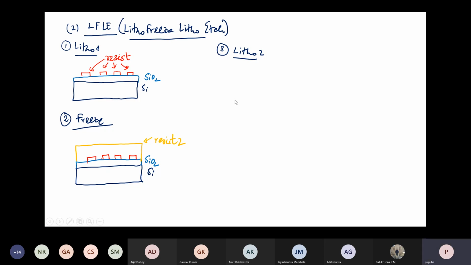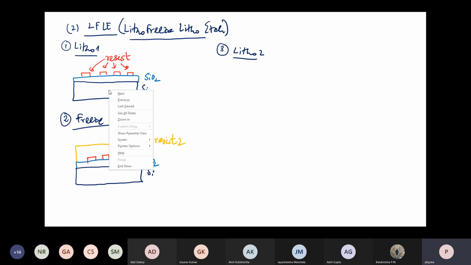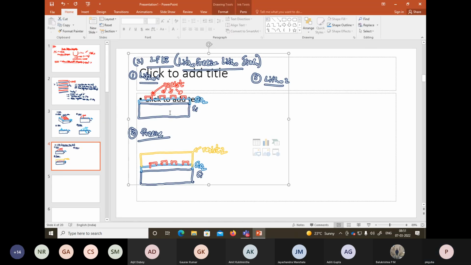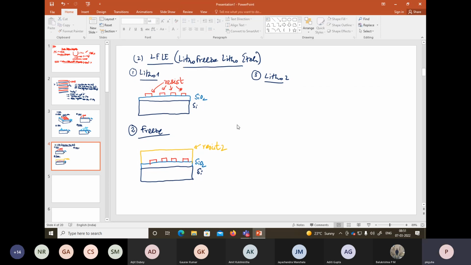Is there a way to copy this? Let me try, then I don't have to draw it again and again. No, it's not working.